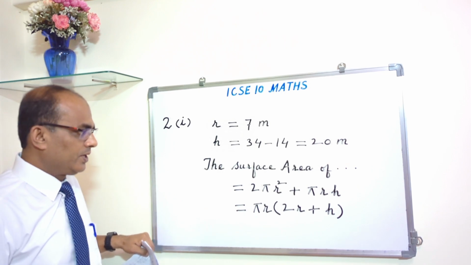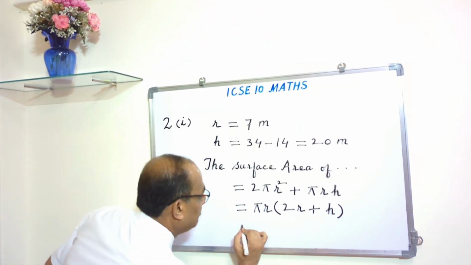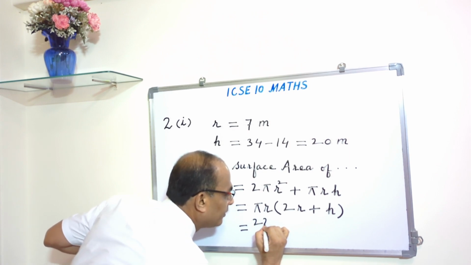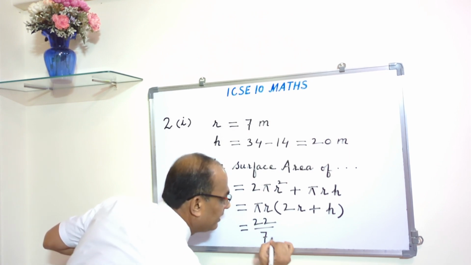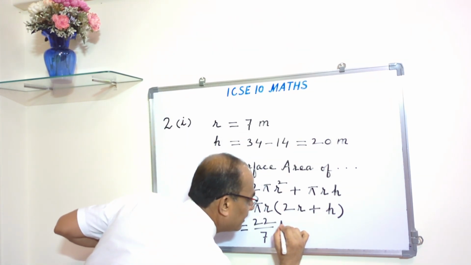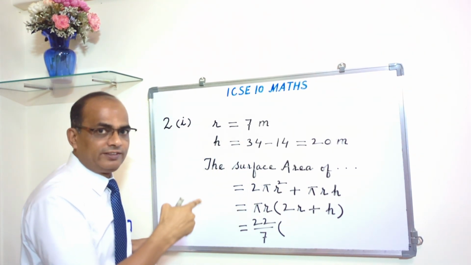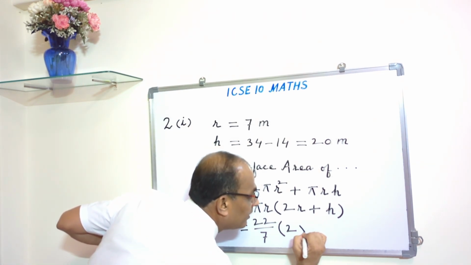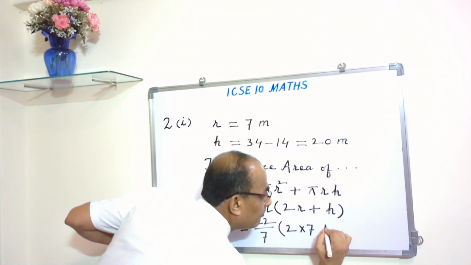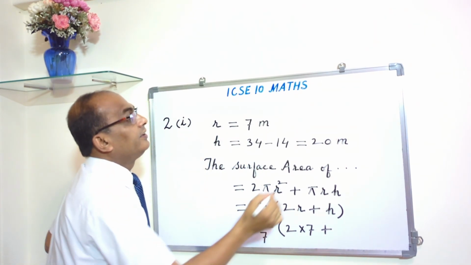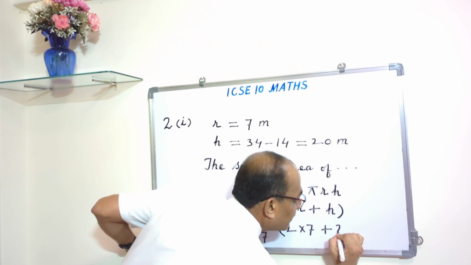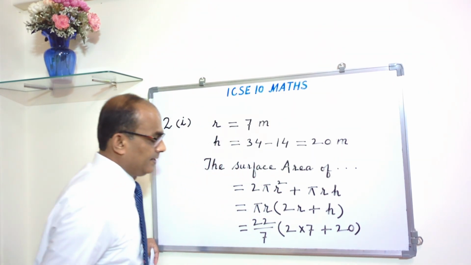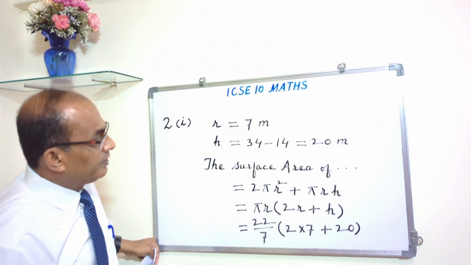Now we substitute the values. Pi means 22 upon 7, given. And 2r, I am showing all these steps, 2r is 2 into 7, plus h is 20.